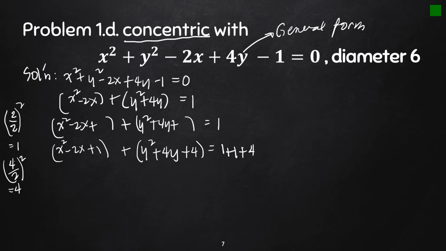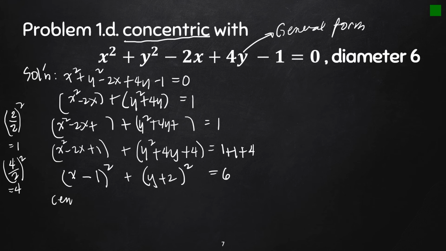To find the binomial, we just need to take the square root of the first and the last term. The square root of x squared is x, the square root of 1 is 1. Copy the sign of the middle term, so minus, and then you square the quantity. Plus, the same thing, y plus 2. Square root of 4 is 2, square root of y squared is y, and the sign at the middle term is positive, and then you square that. And this is equal to 6.